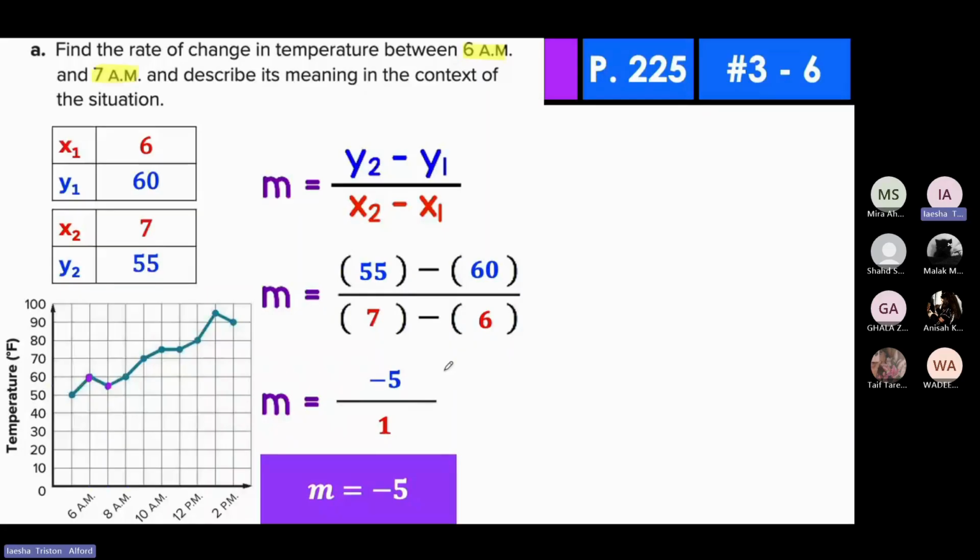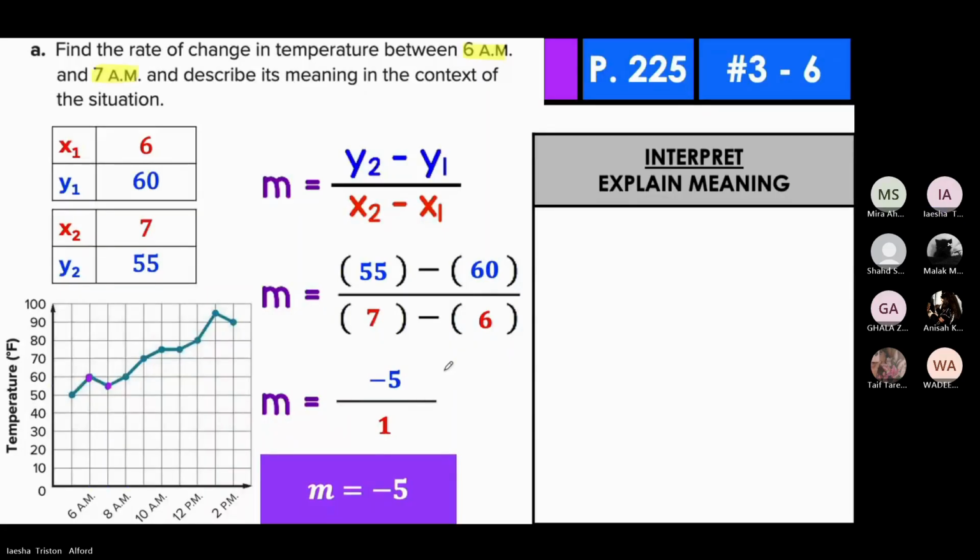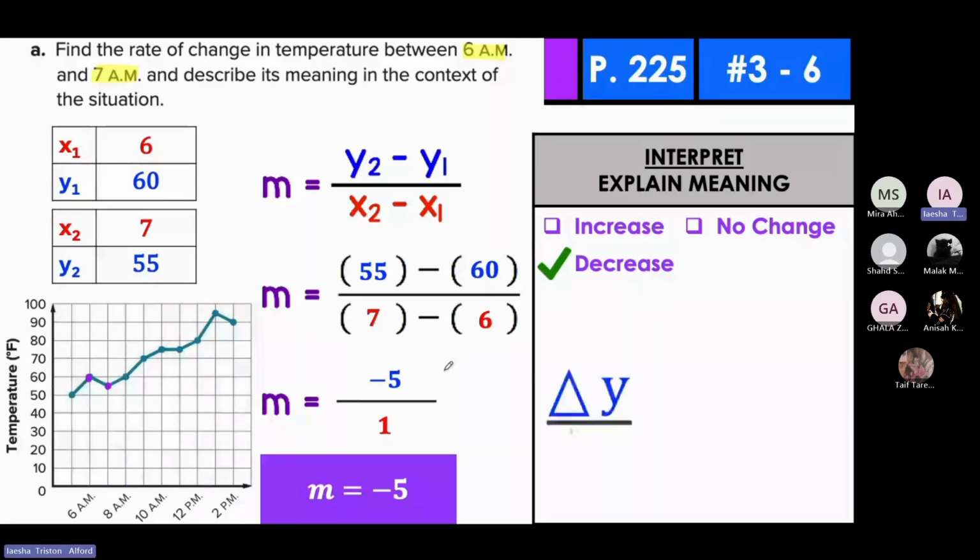Part 3, explain the meaning. Is it increase, decrease, or no change? Decrease. How do you know it's decrease? Because it's negative. Good, because the slope is negative. Then we need the change in y over the change in x. Negative 5 over positive 1. Good.